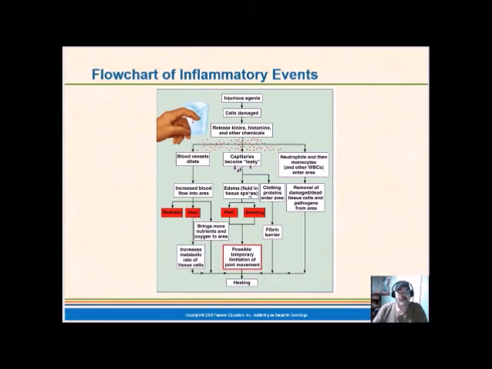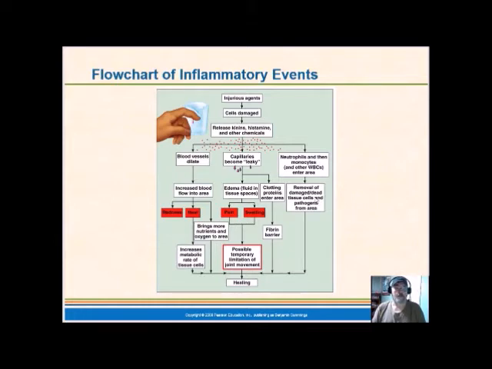The edema results in pain, because we've got these fluids now that are causing the tissues to be tight, and as a result compressing some nerve endings. And then we have swelling as a result. We have clotting proteins that will enter the area that will stop the immediate bleeding, and then we can start doing some repair.